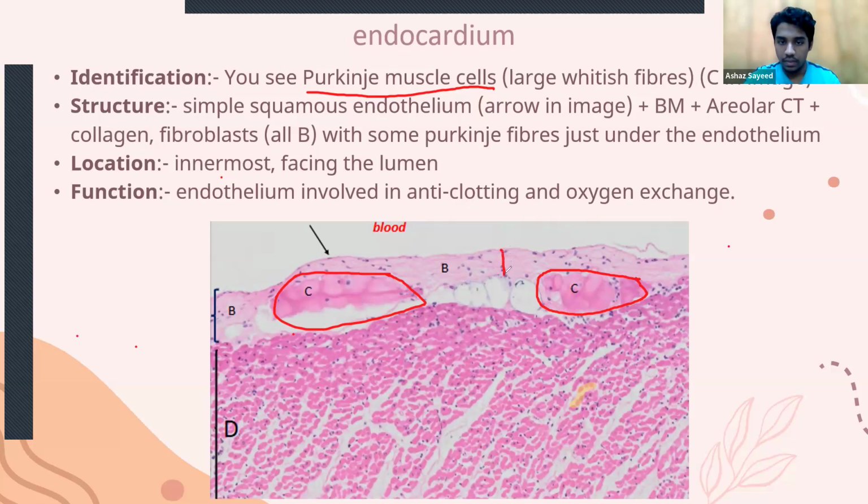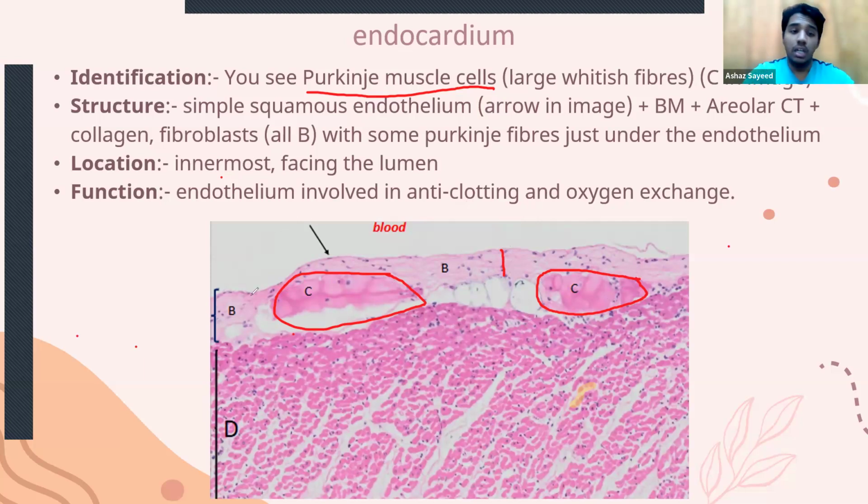All of this is going to be your areolar connective tissue. There are going to be some fibroblasts within there and Purkinje fibers. Remember the structure: your endothelium, under it the basement membrane, under it the connective tissue and the Purkinje fibers.